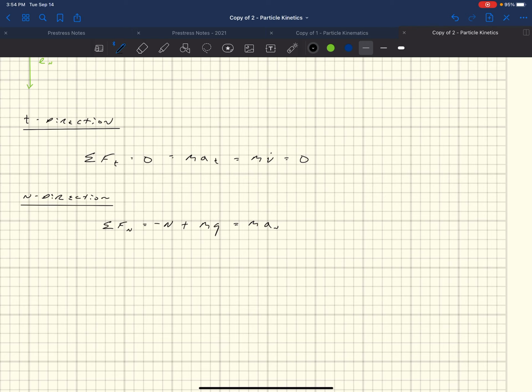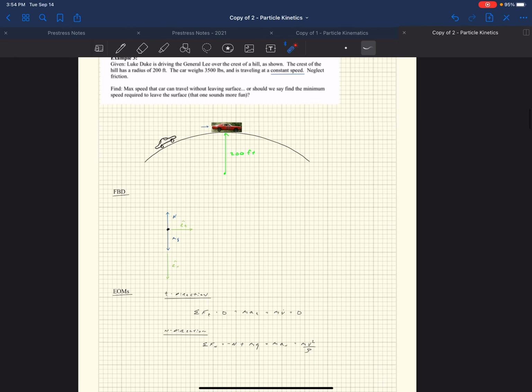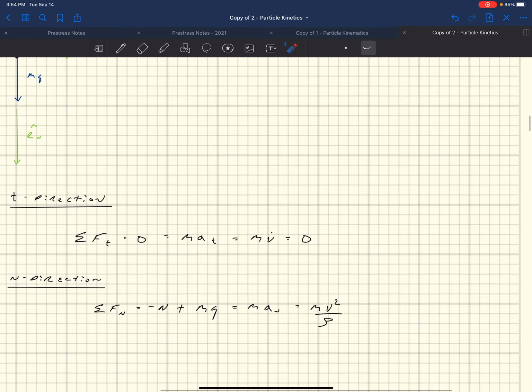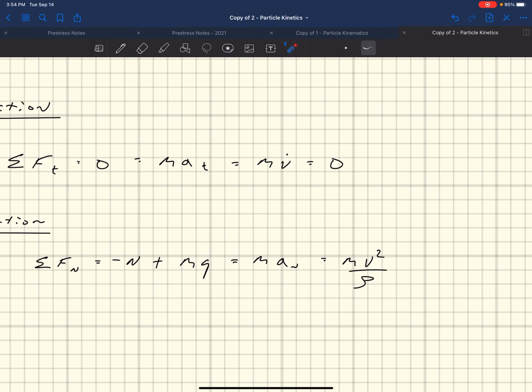And so it's asking for the minimum speed, which is a velocity, right? So I'm going to use the mv squared over rho version of the acceleration. So this is equal to mass times a_n. I could choose mv squared over rho, or I could do m rho omega squared. The problem statement asks for the minimum speed, and so I'm going to just go straight to velocity here.